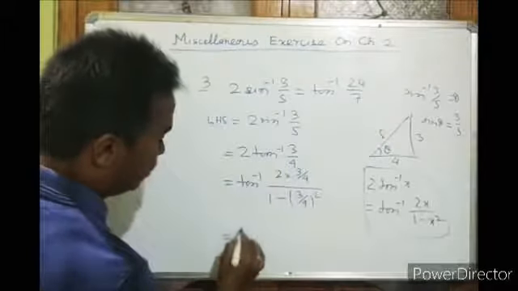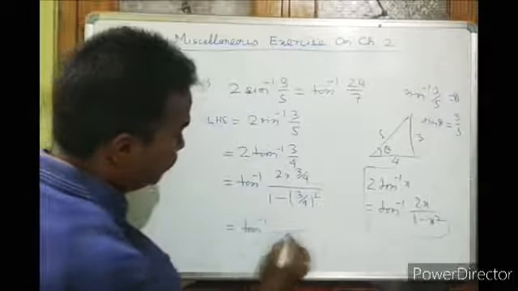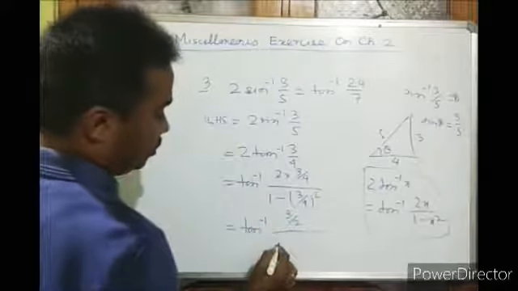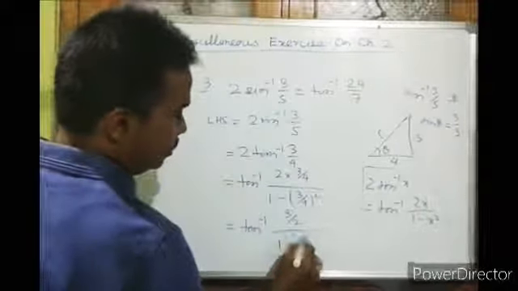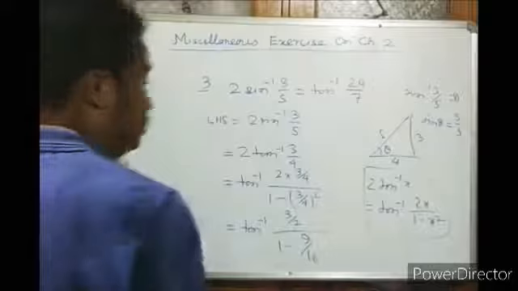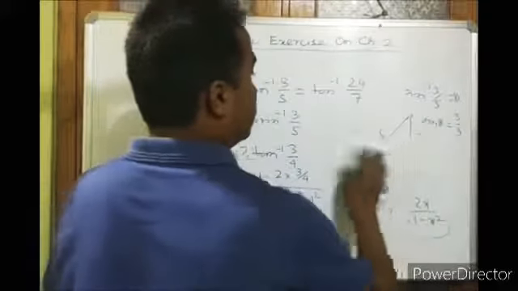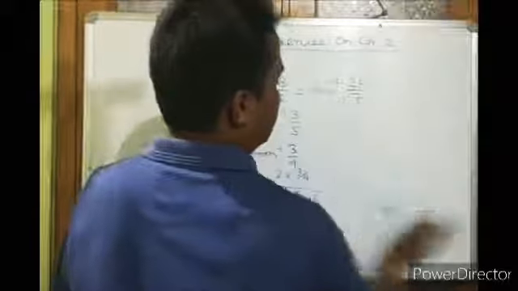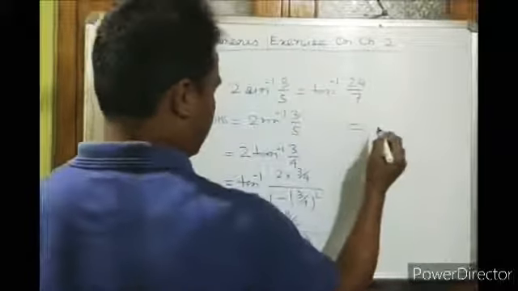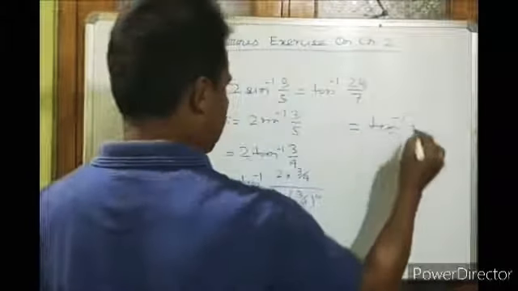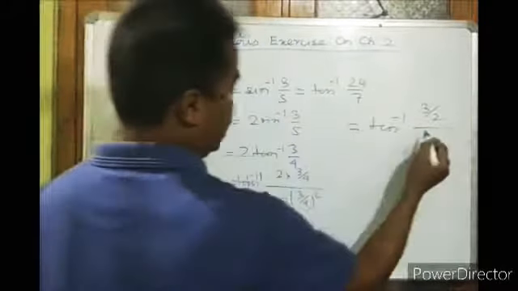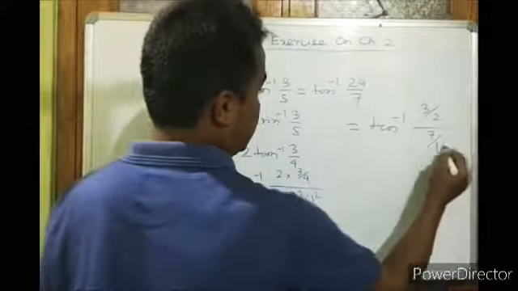So let us simplify this, then you will get the RHS. So this is equal to tan inverse 3 by 2 divided by 1 minus 9 by 16, which is equal to tan inverse 3 by 2 divided by 16 minus 9, that is 7 by 16.